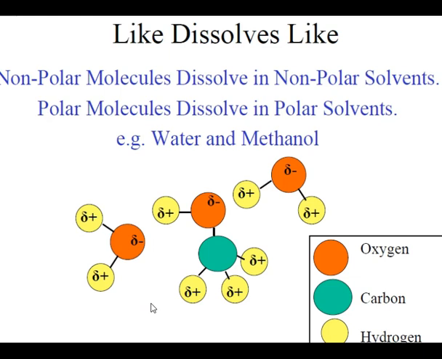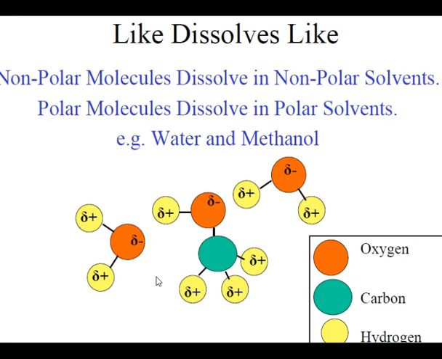But if you have two things that are polar, like water and methanol, then those can mix well. The reason is that water already has this positive and negative region because it's polar. So if you put something else in there with a positive and negative region, then those regions can be attracted to each other.